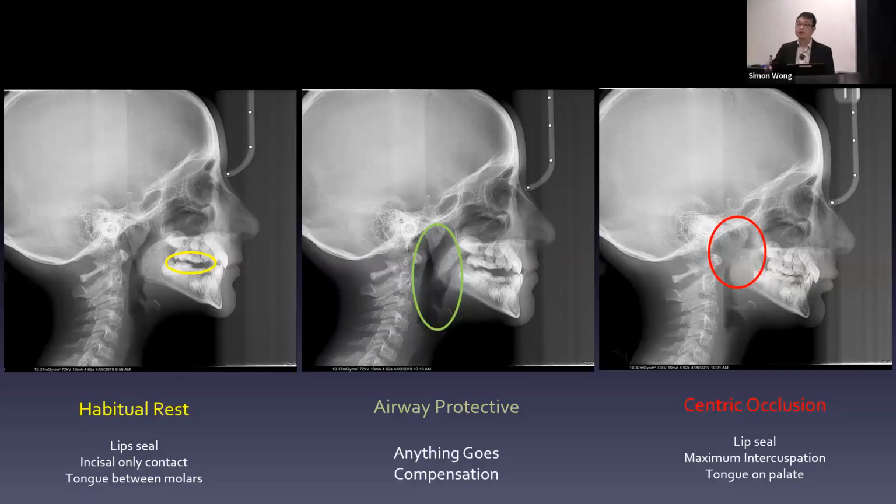Because when you're in maximum intercuspation, you can't breathe. And it's not just for the kids with blocked noses. Most kids, when they're fully closed, can't breathe properly. The skeletal malocclusion children can't breathe, even if their nose does work.